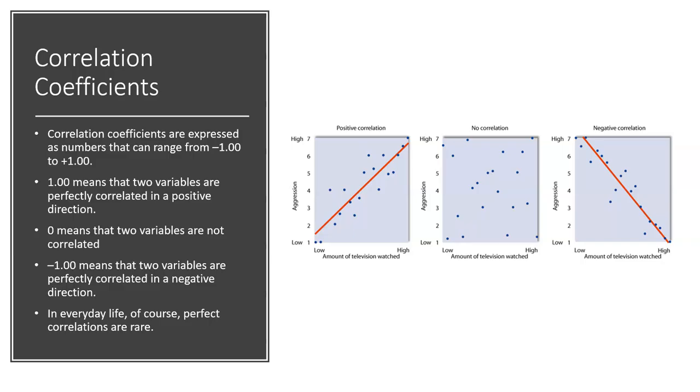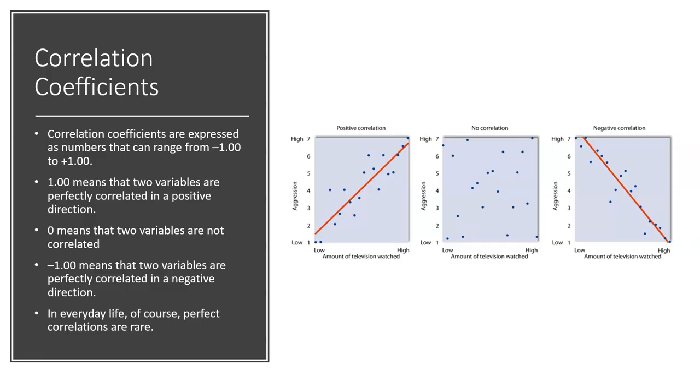You'll see social scientists jump for happy joy if they get correlations of 0.5, because humans are messy. You're never going to perfectly explain any behavior, let alone a complex human behavior like aggression, using just one variable.